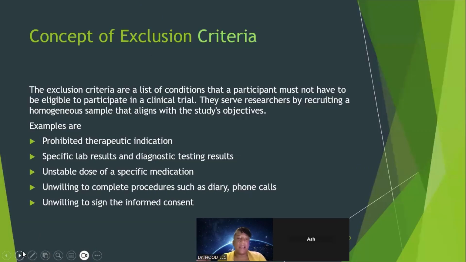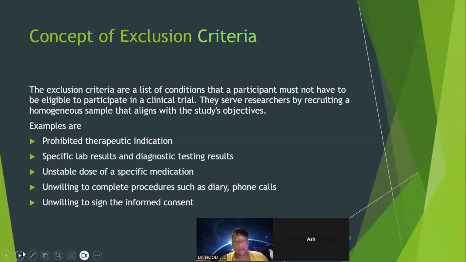Okay, and same with the exclusion criteria. They are lists of things participants must not have to be eligible to participate. This serves researchers by recruiting a homogeneous sample that aligns with the study's objective. So this is the reason you have inclusion and exclusion. You want to make sure the patients are as close as possible so you can run a true analysis.